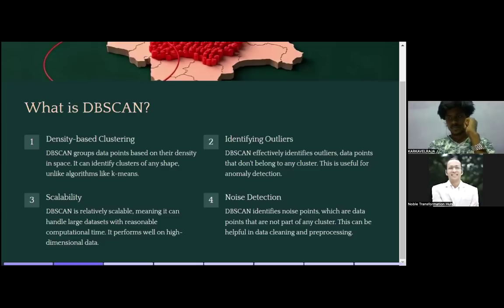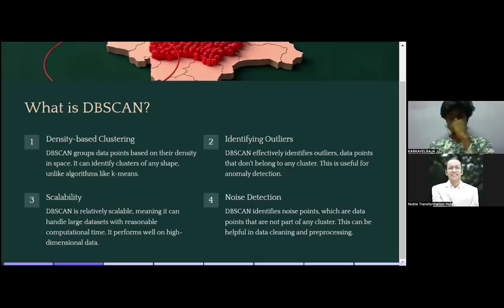That is the central idea of DBSCAN, and it can identify clusters of any shape, unlike algorithms like k-means. So that is the first element. Then second, identifying outliers.